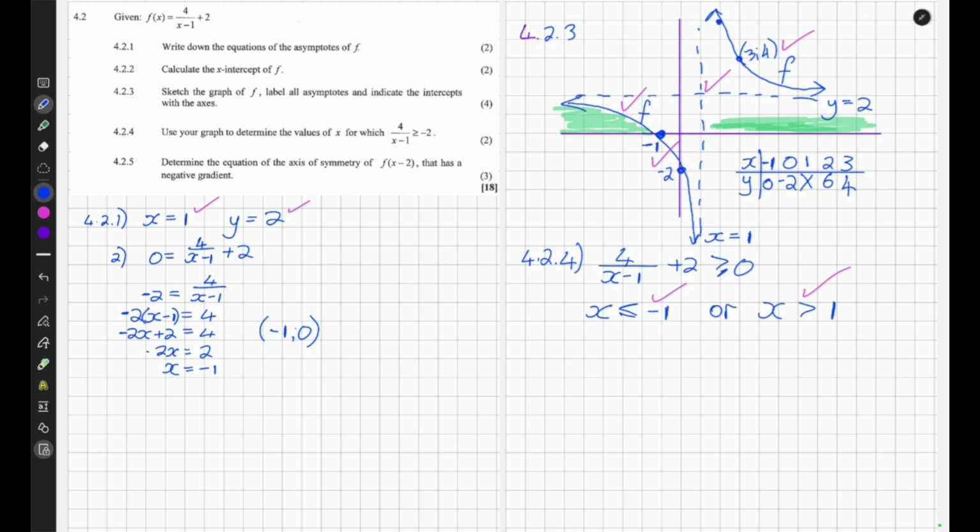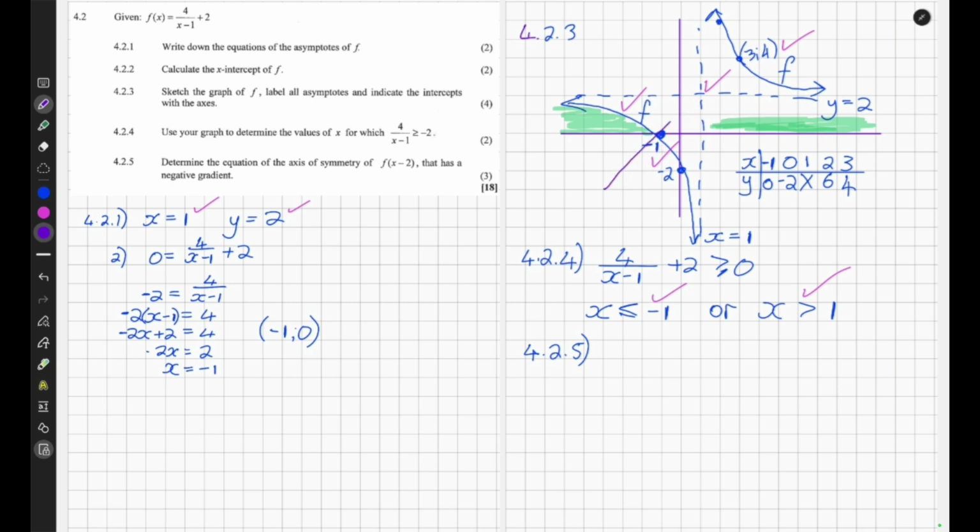Question 4.2.5: determine the equation of the axis of symmetry if f moved 2 units to the right and has a negative gradient. Okay, so there's a few things going on in that question. What I would normally do is first get the axis of symmetry before anything moved, because otherwise it's going to be very confusing. The axis of symmetry, remember, is a line that goes through the cross and through your hyperbola.